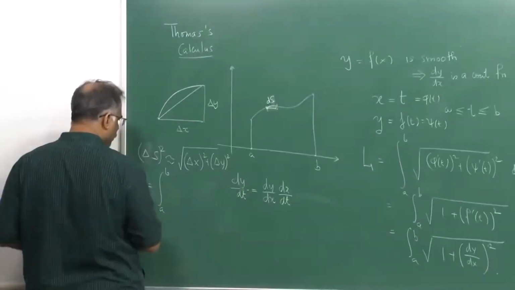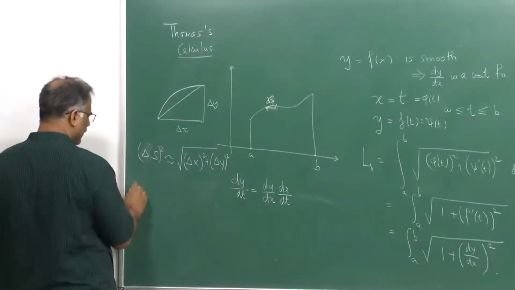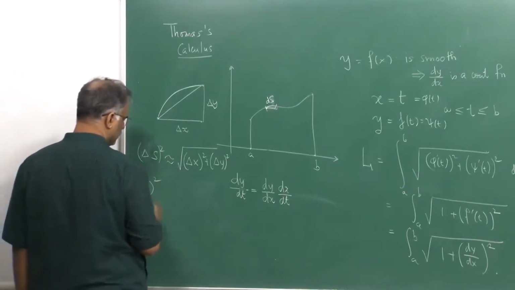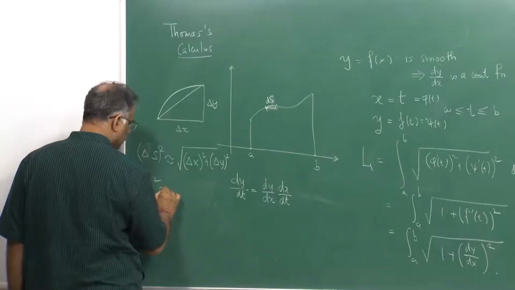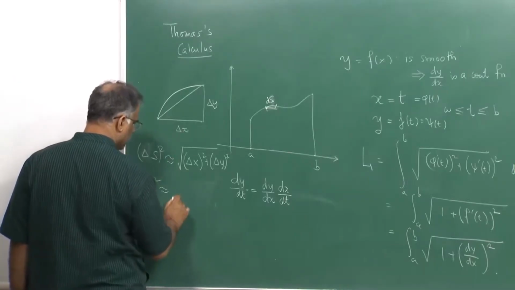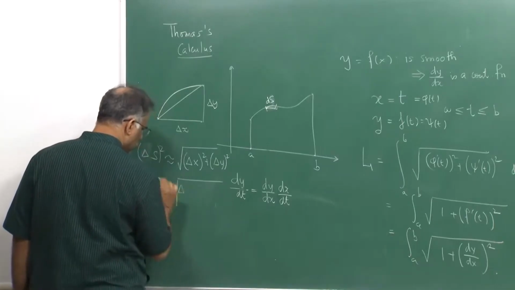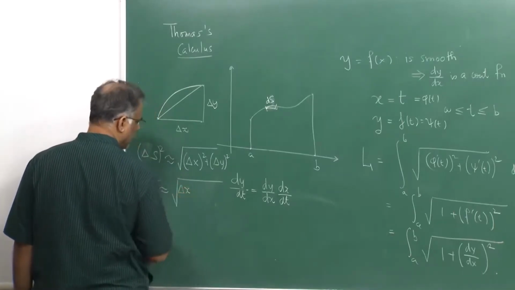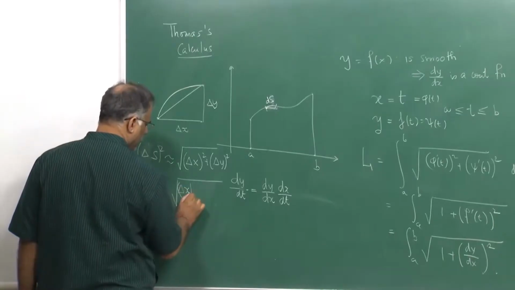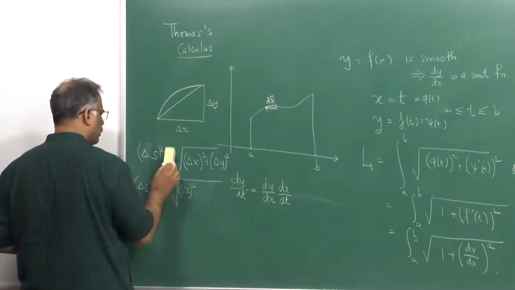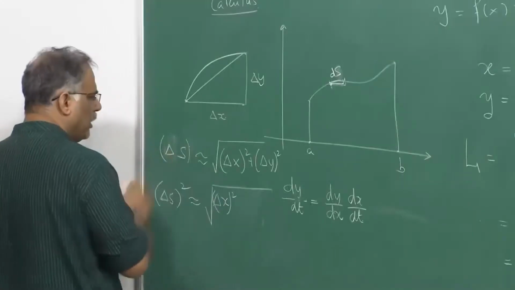So, what you do here is that del s square, oh sorry, del s is, so apply the Pythagoras theorem.